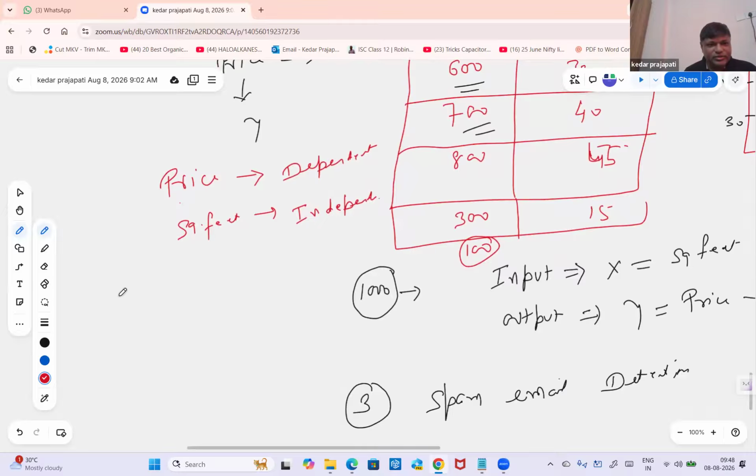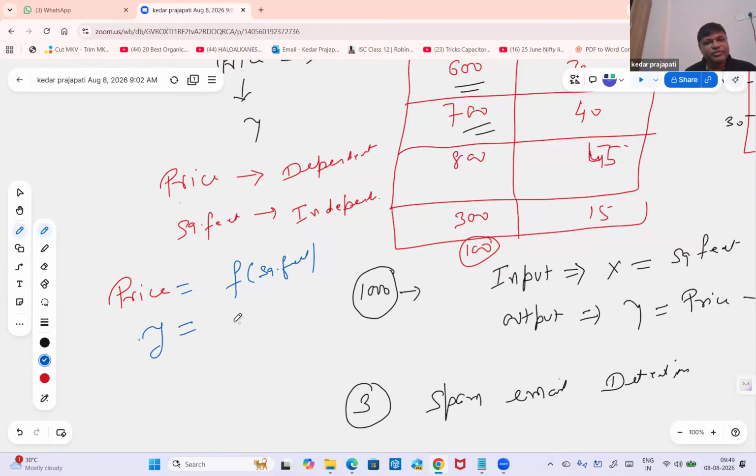So basically, how will the equation be? Price is equal to a function of square feet. When it drew this straight line, the equation of a straight line is y equal to mx plus c.